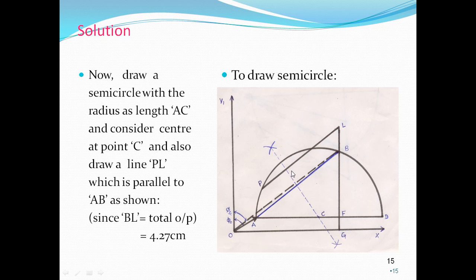Then join these two points as shown in the figure as a dotted line. This line passes through a point C which cuts the AD line. So with C as center and AC as radius, draw the circle, that is, ABD as a semicircle.